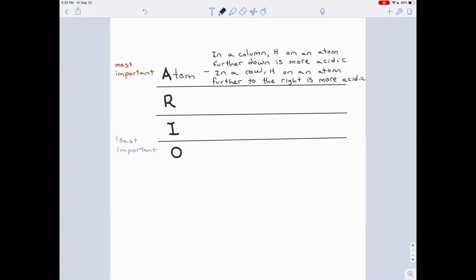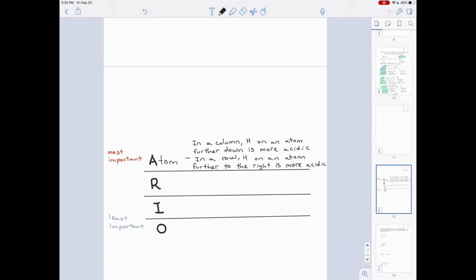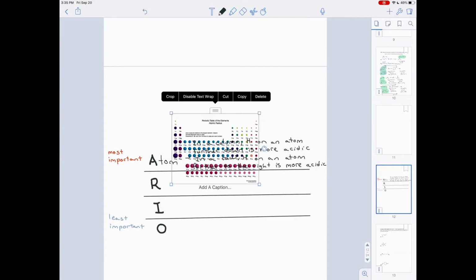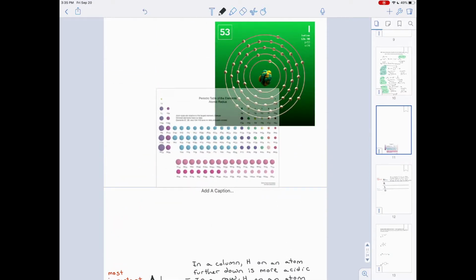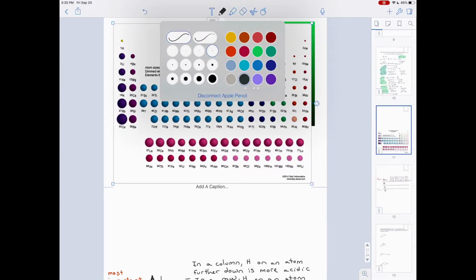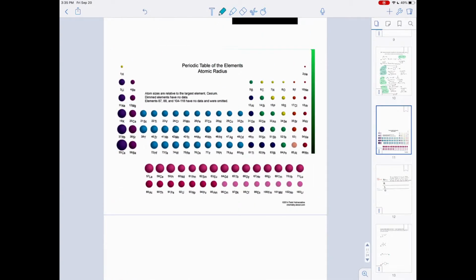As you go down on the periodic table, atoms get bigger. And so if you were to look at a periodic table with the different sizes of different atoms, you'll see that in general, as you go down, the atoms become much larger. So if you take, for example, this column over here, you'll see that as you go down, the atoms get larger. And if you do that with any column on the periodic table, you'll see that they get significantly larger as you go down.